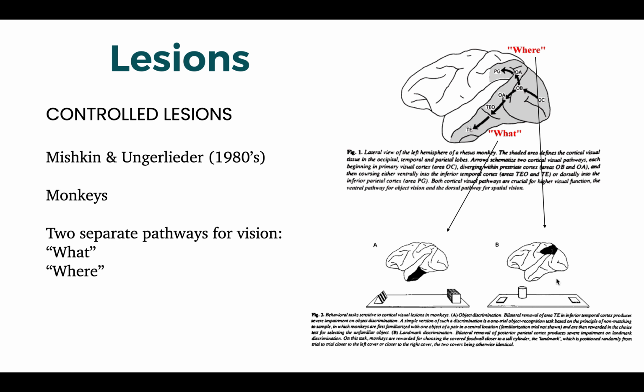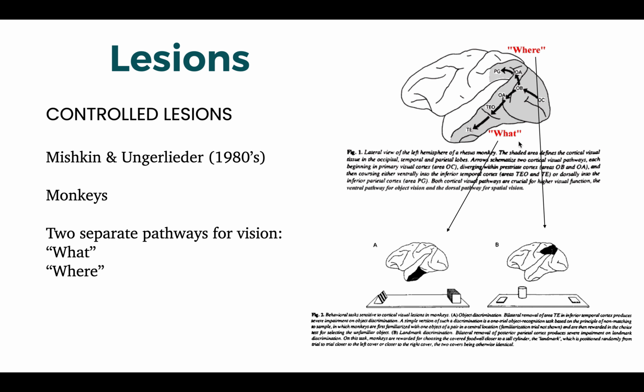Now, when Mishkin and Ungerleider lesioned these areas purportedly involved in the where and what visual information, they found a double dissociation. They lesioned the where pathway, and monkeys were not able to do this task.